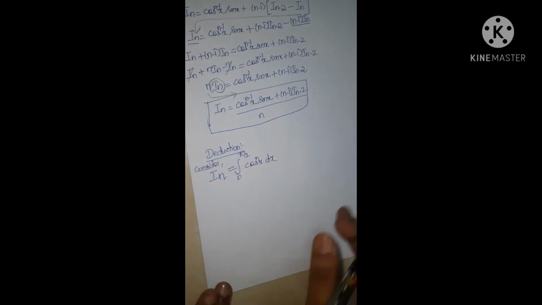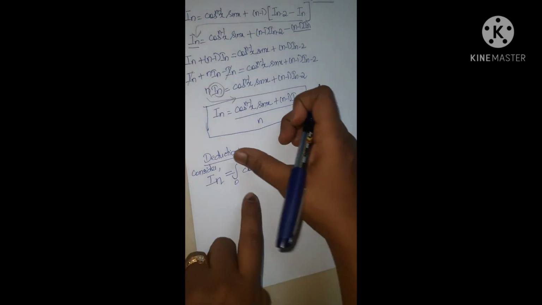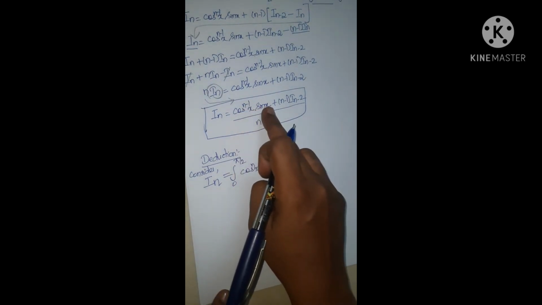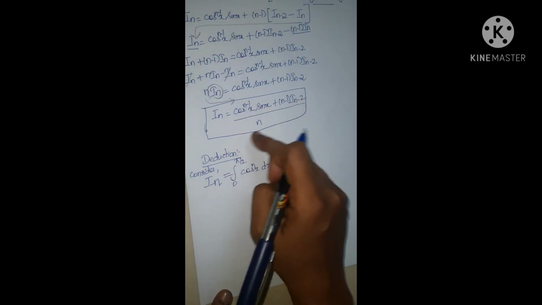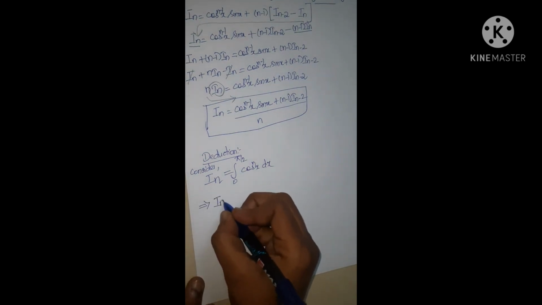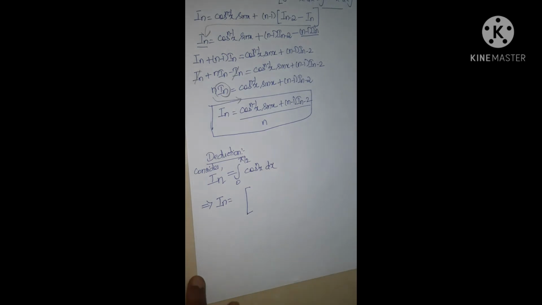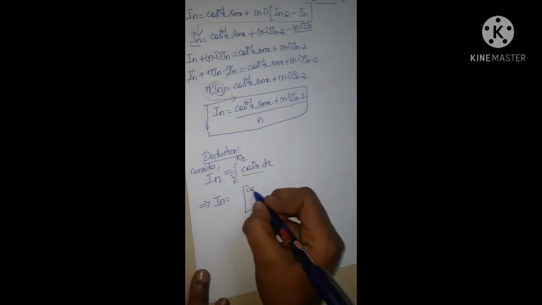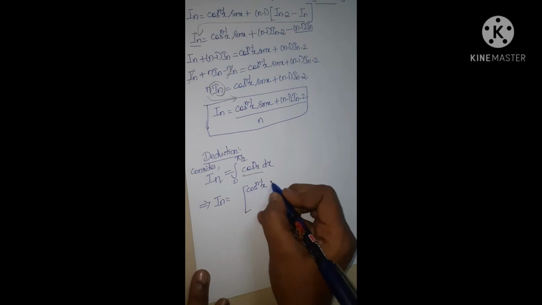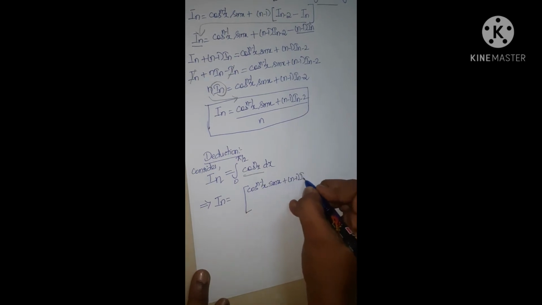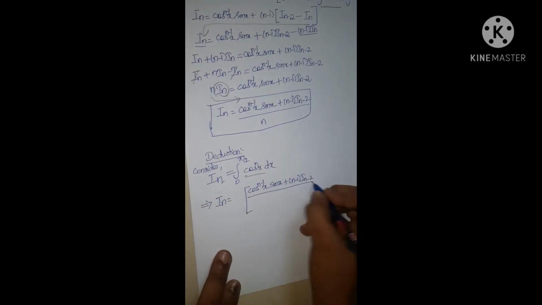Now consider this function. What do we know? Without the limit, my In answer is cos^(n-1)x sin x plus (n minus 1) I(n minus 2), by n. So this will give us In in the next step. The answer of In for the integral of cos^n x, we have derived as cos^(n-1)x sin x plus (n minus 1) I(n minus 2), divided by n.